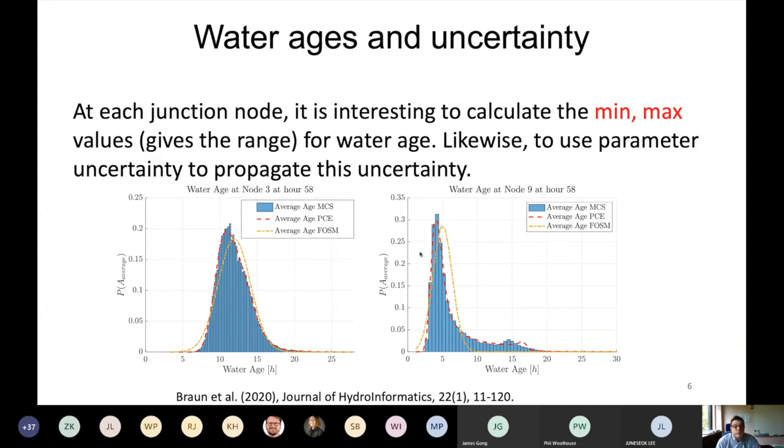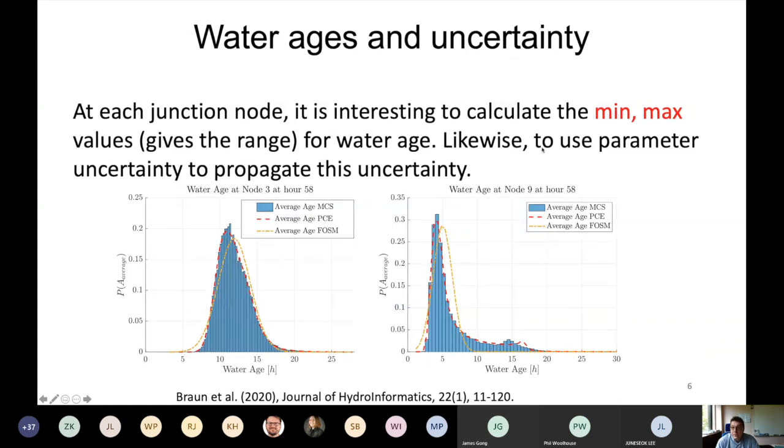But what we found interesting in some recent research in Smart Online, for example, is to calculate the mean of the water age at each junction node and the max. So with that, you understand the two limits, the lower limit and the upper limit for the water age.